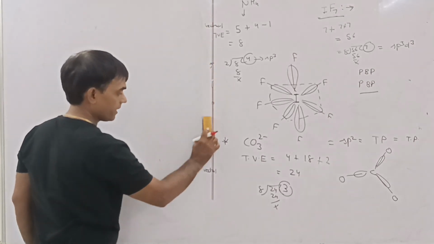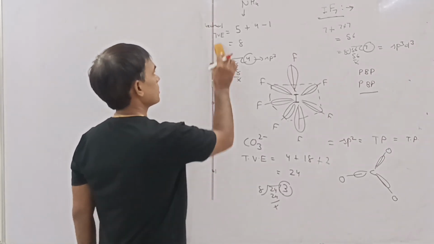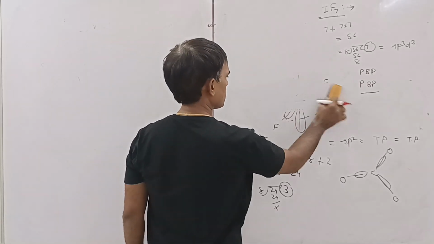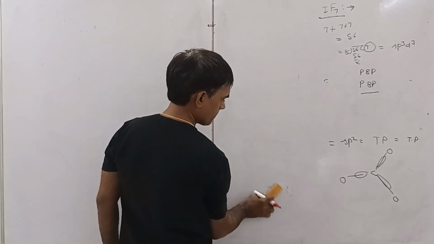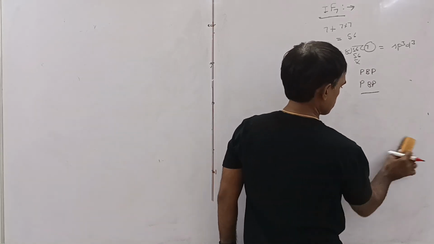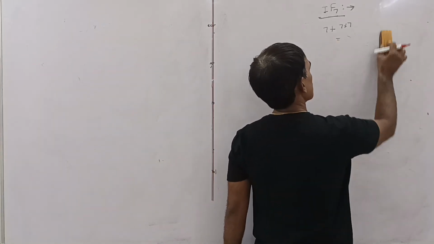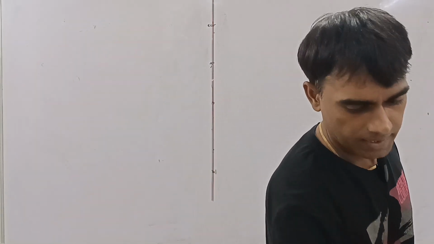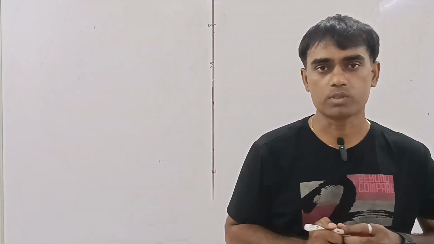This trick is very important for students when the shape of the molecule or hybridization is required. Now I think you will use this trick and be benefited definitely, and there will be no confusion. Thank you.